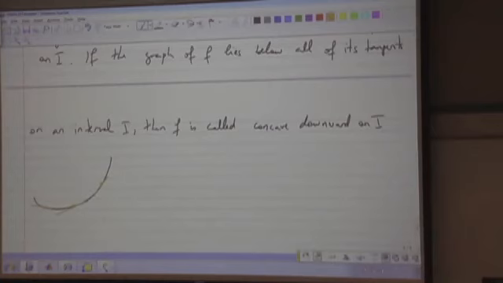This is called concave up, and the way we usually write it is CU. If your function looks like this, then all your tangents lie above it, and so we call this concave down.